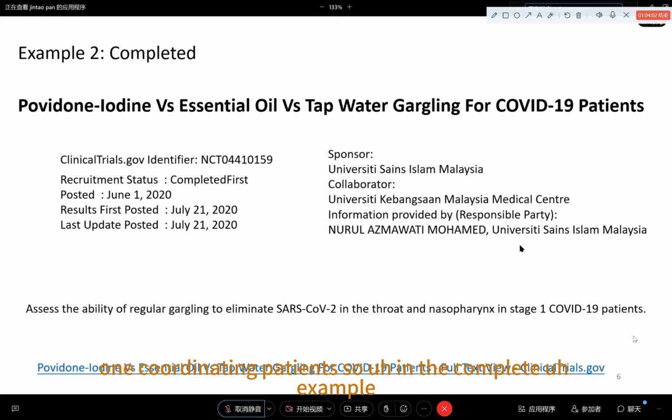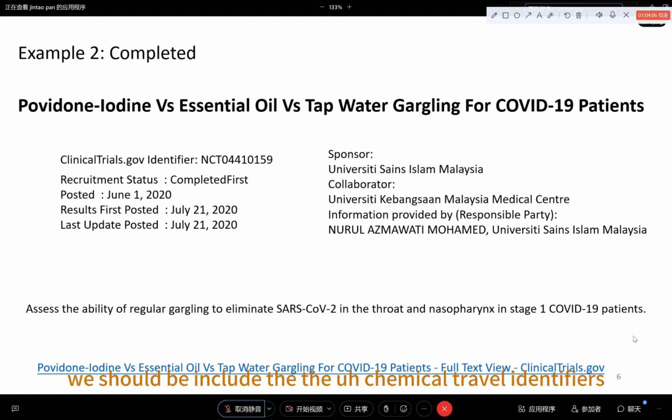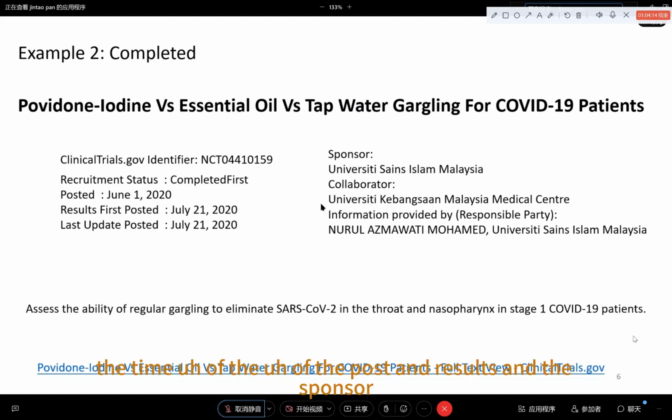So in the complete example, we should include the clinical trial identifiers, the time of the post and results, and the sponsor.